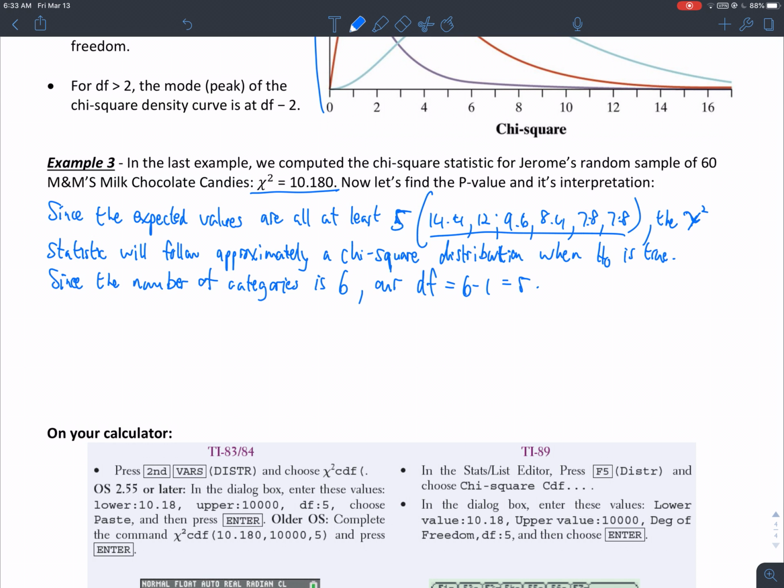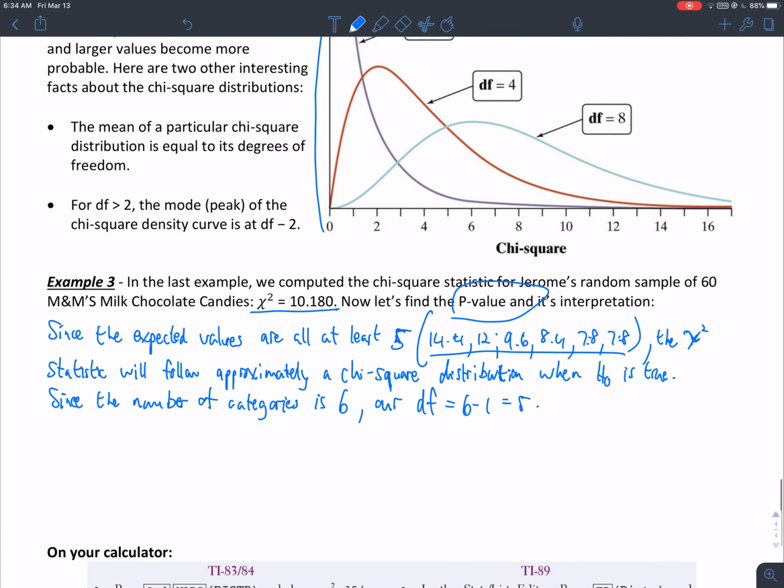Now we can calculate the p-value. We just did the conditions checking to say that the distribution is approximately chi-square, based on all expected values being at least 5.